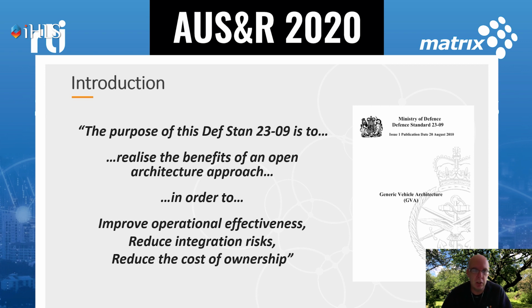Inside of the generic vehicle architecture standard, it actually says these words. The specific purpose of GVA is to realize the benefits of open architectures, specifically to improve operational effectiveness, to reduce risk and to reduce the cost of ownership of vehicles that use the generic vehicle architecture.